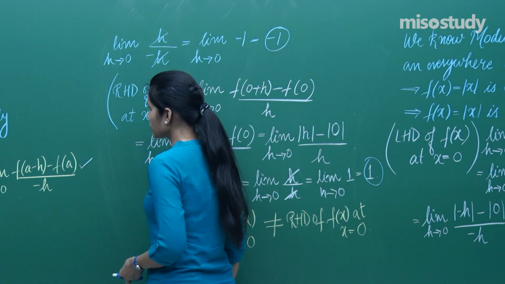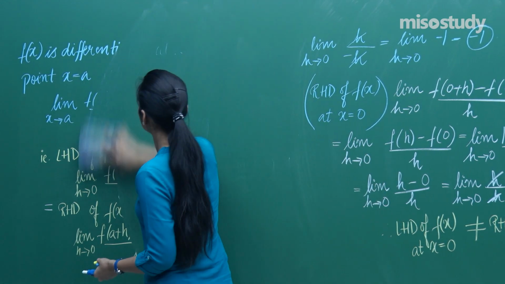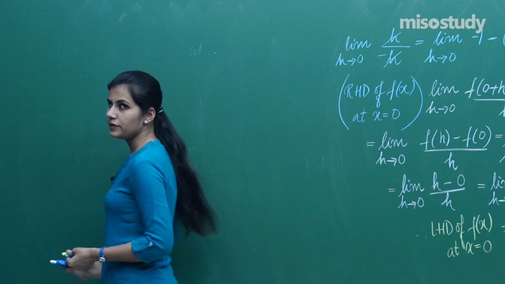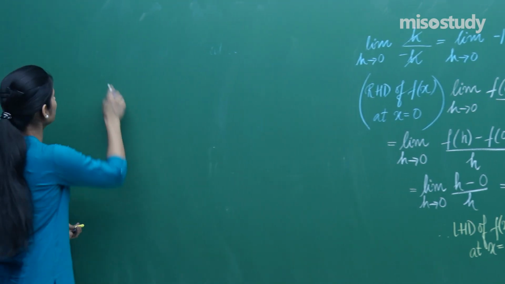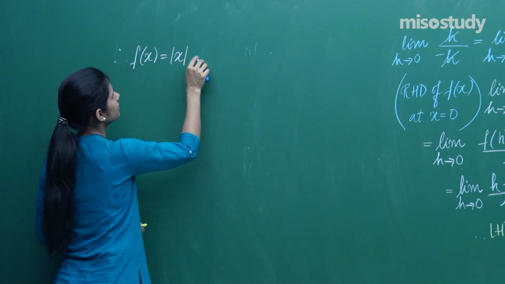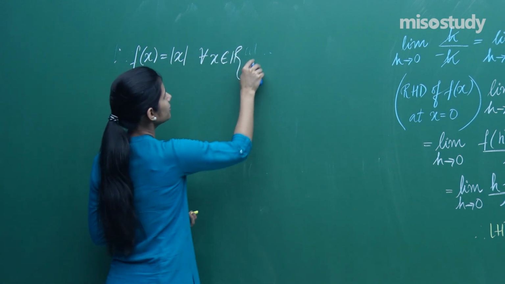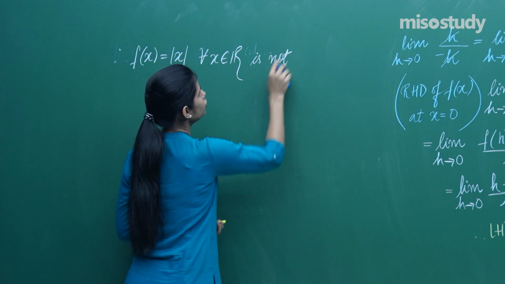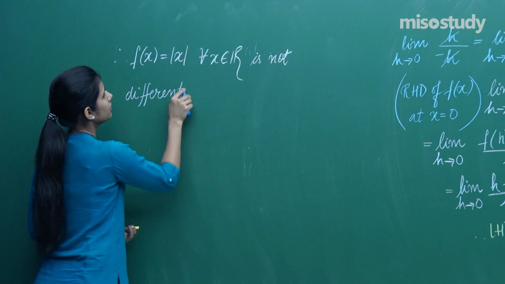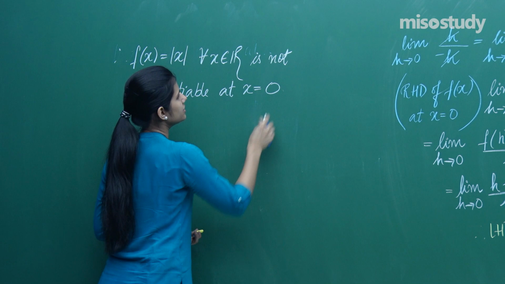And because this is what is holding, my function f(x) equals mod x, for all x in the collection of all reals, is not differentiable at x equals 0.